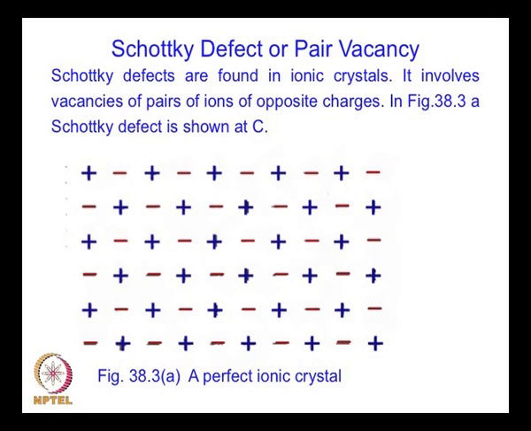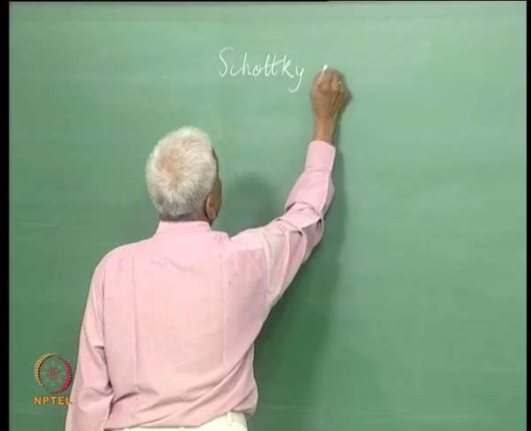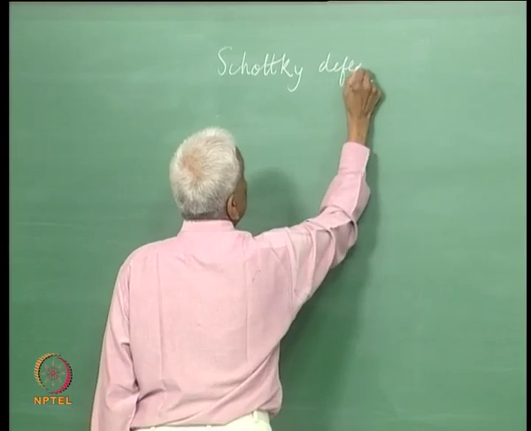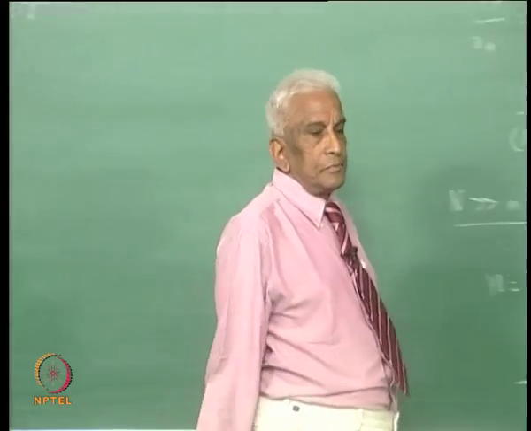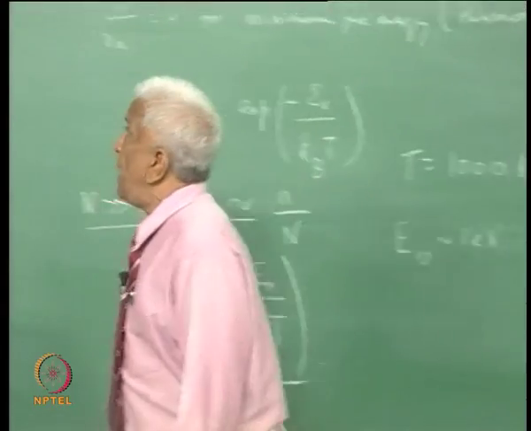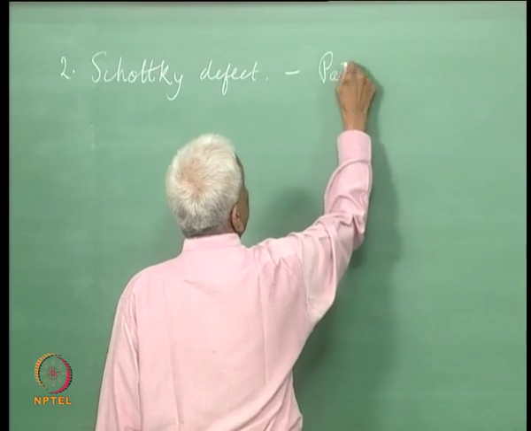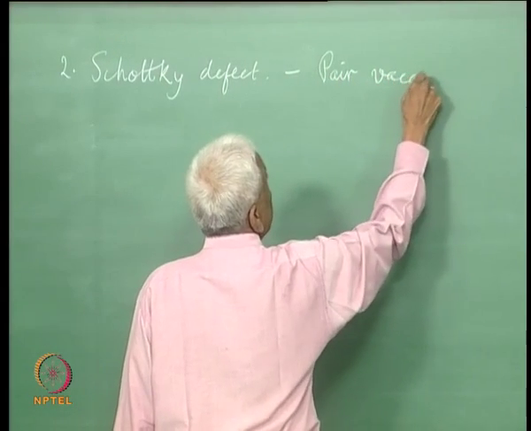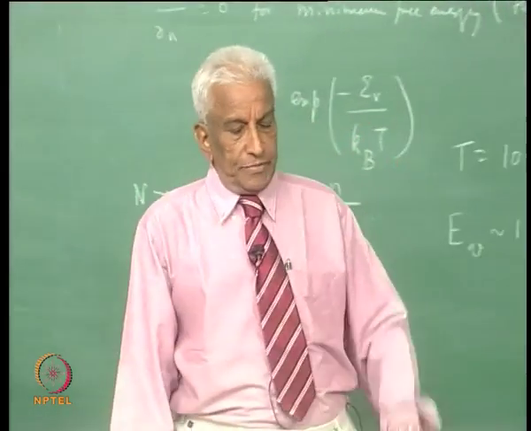Next, we consider the next kind of vacancy, namely the Schottky defect. This is the second type of point defects. So, this is a pair vacancy, a vacancy pair, not a single vacancy.